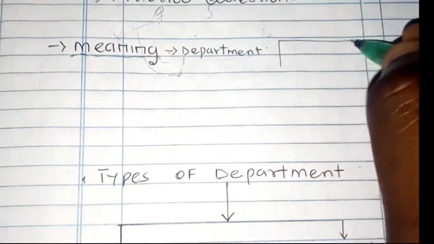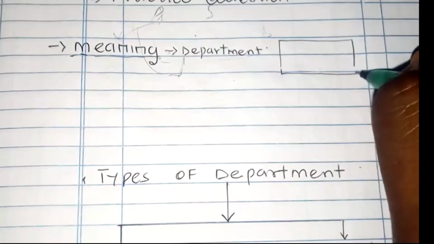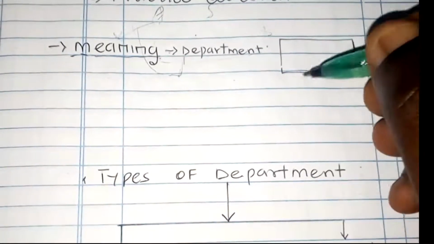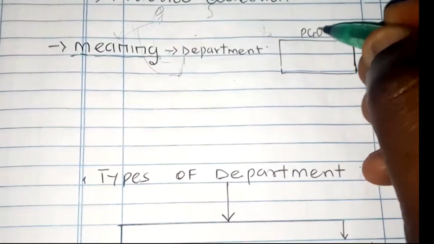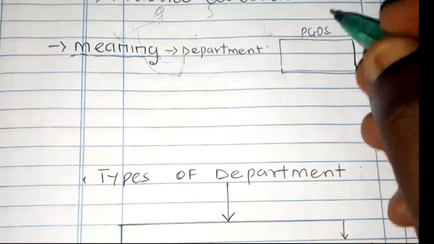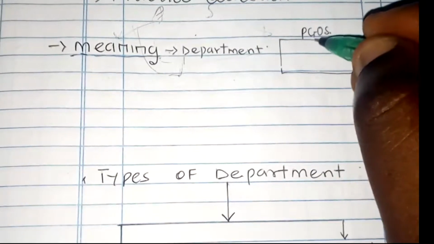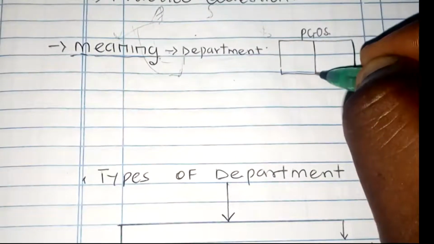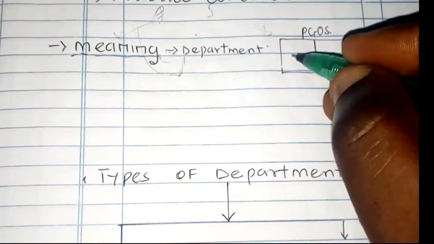One section deals with the primary pupils, while the other section deals with the secondary students. So the part that deals with primary pupils is called a department. That's what we call departments.